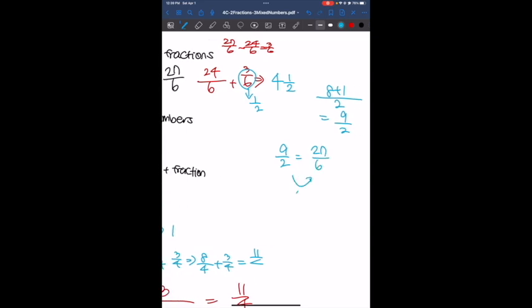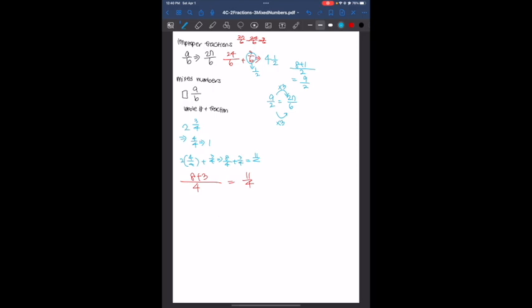We multiplied by 3 for the denominator, also multiplied by 3 for the numerator, so those were equivalent expressions. And so that is how we change from improper fractions to mixed numbers, and from mixed numbers to improper fractions.